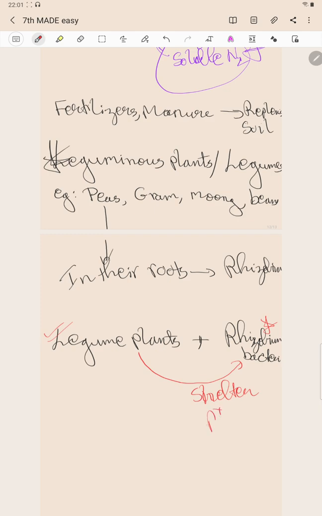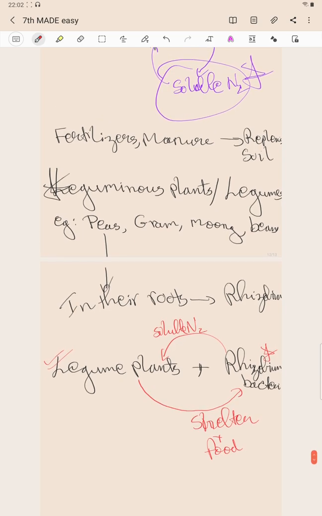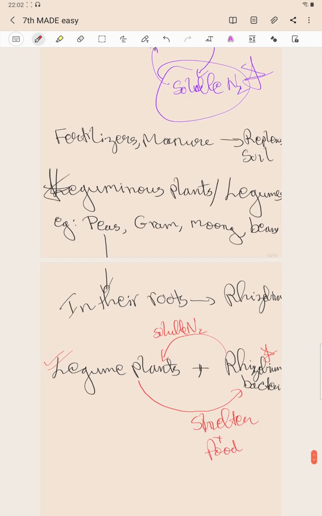Along with shelter, they also provide some food. Okay, and the Rhizobium bacteria, well, it's pretty obvious here. They provide them nitrogen in the soluble form. So we learned about symbiotic relationships: fungi and roots of plants, fungi and algae, which is known as lichens, and also legume plants and Rhizobium bacteria.